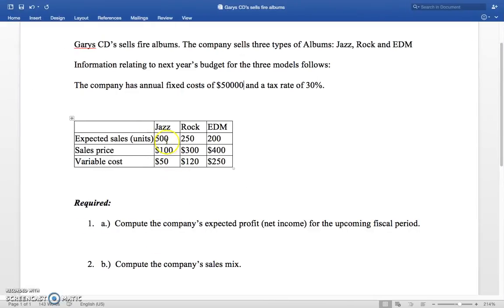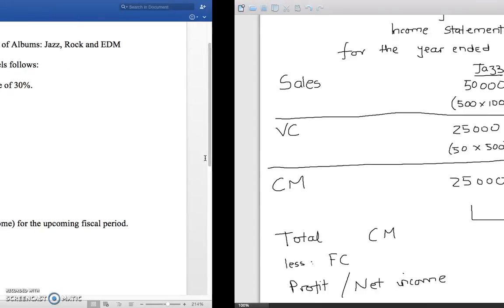All right, so for my method, all you have to do is add up the expected sales for all the products. That's going to be our first step. So we're going to take 500 plus 250 plus 200, and that gives us 950.